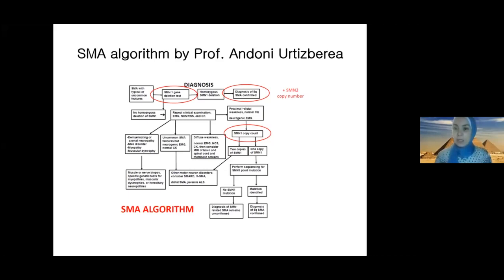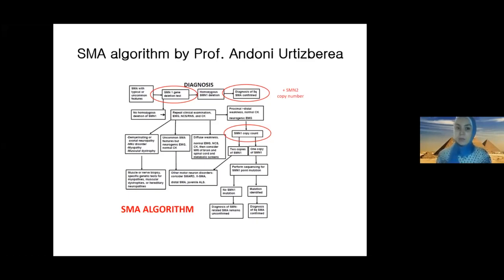Now we can see in the algorithm that if a child is suspected to have spinal muscle atrophy, he would first do a gene deletion test. And if there is a homozygous deletion for the survival of motor neuron 1 gene, then the diagnosis is confirmed. That's it. Only genetic testing.